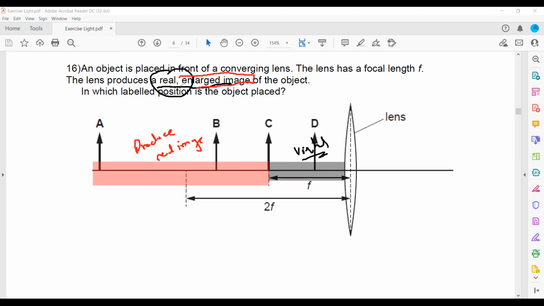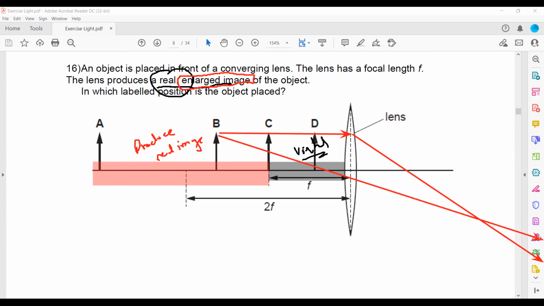Like its size should be larger. So if you want a greater size of image, the object should be closer to the lens. B is the right answer, because when a parallel light ray passes through the focus and one through the center of the lens passes straight, the point where the two light rays intersect is the position where the image will form.